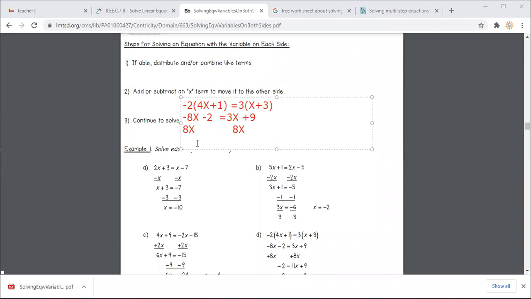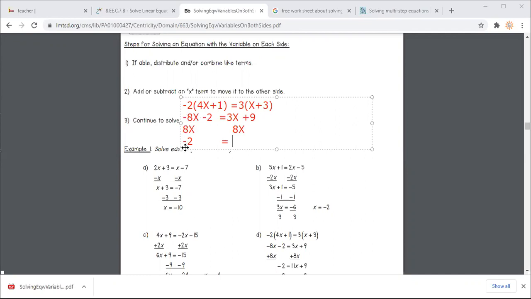It will be 0. Negative 8 plus 8 equals 0.